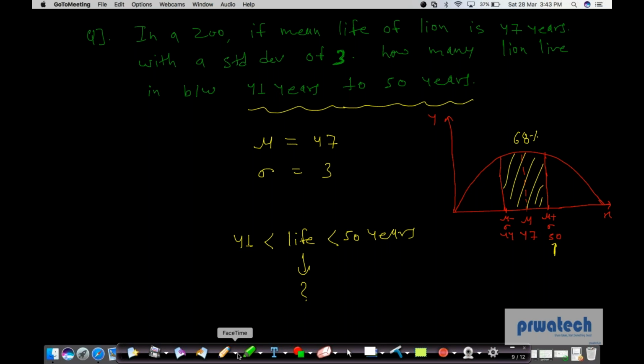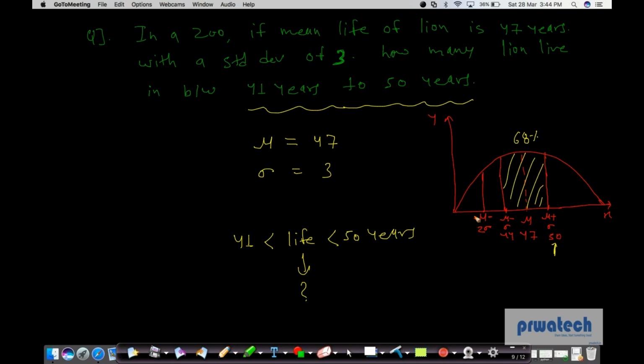Now I'll go below the value of 44 because I need to check from 41 to 50. Let me calculate one more time: if I subtract one more time, which is 2 standard deviations below the mean. Please focus here, guys. This is a very important rule. We are using this in many data science applications.